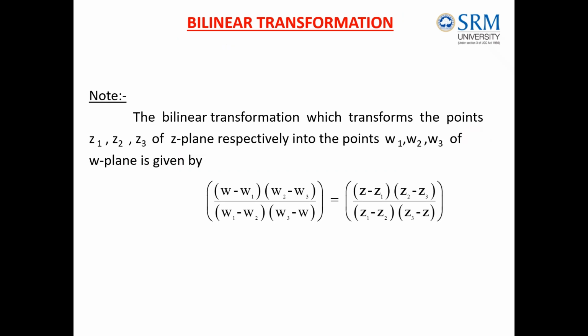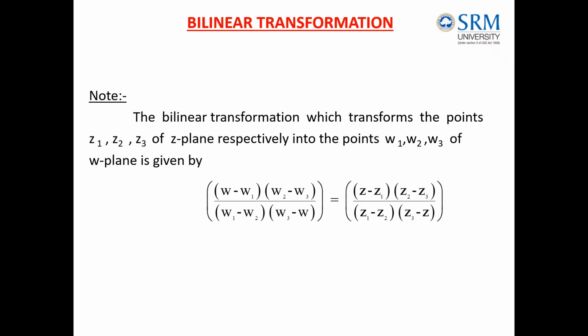And next comes a note. If 3 points are given in the Z plane and the images of those 3 points in the W plane are given, then we can find the bilinear transformation using the cross ratio property. The property can be easily remembered: (W minus W1) into (W2 minus W3) divided by (W1 minus W2) into (W3 minus W).